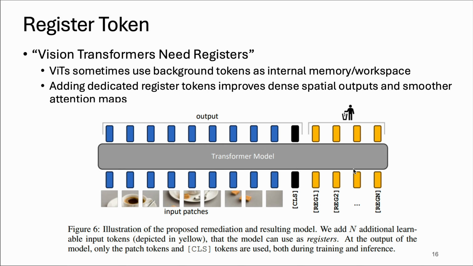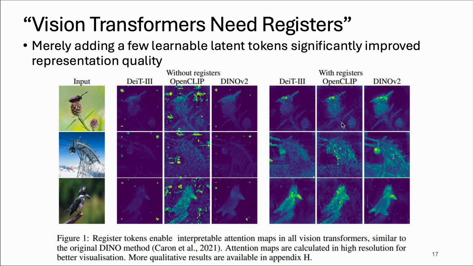By adding these register tokens, if we look at the result, we input different kinds of images and look at the attention map for different networks. We notice there are some bright spots on the background. This is not what we want.